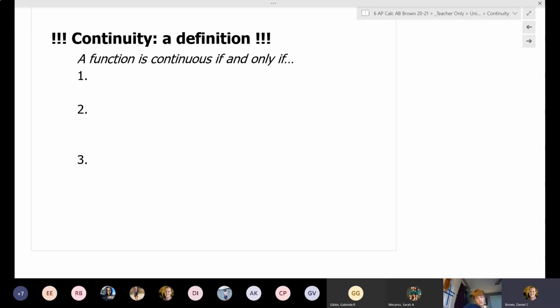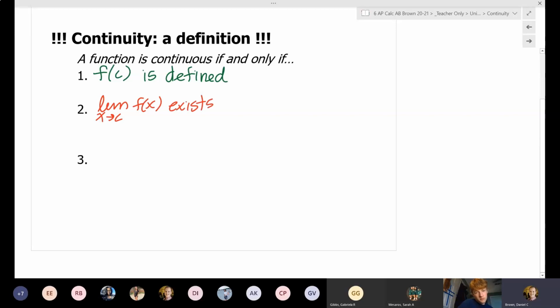The first part is that the value must be defined. So that's going to be a case where there's an actual point there. If the point's not there, then clearly it can't be continuous. The second thing that has to be true is the limit has to exist. So the limit has to exist at that value.